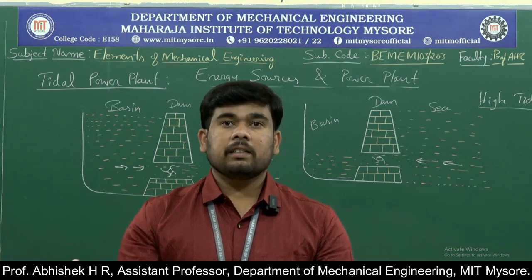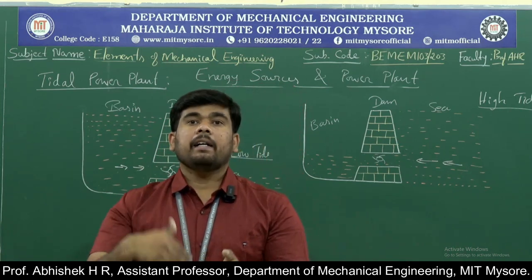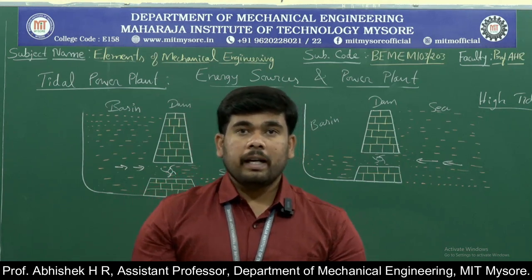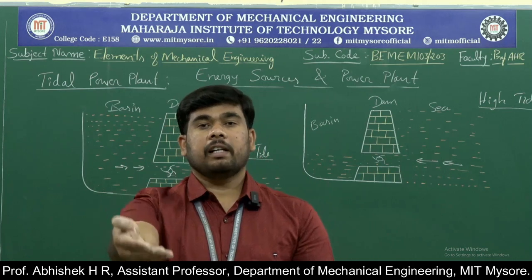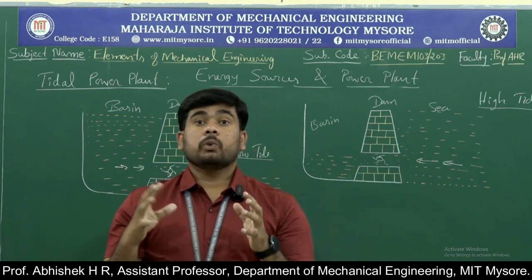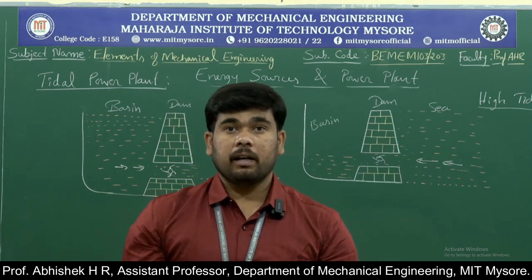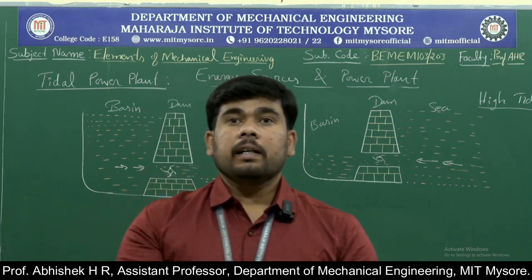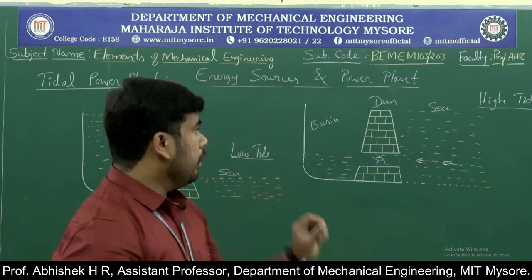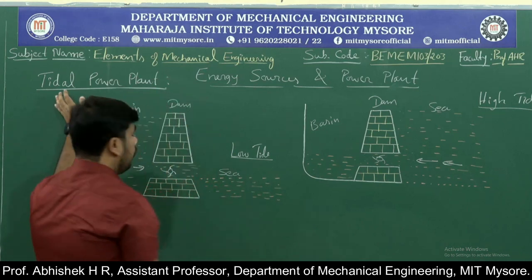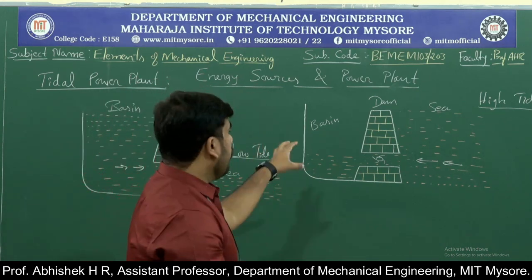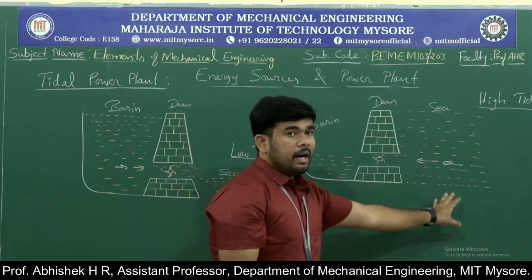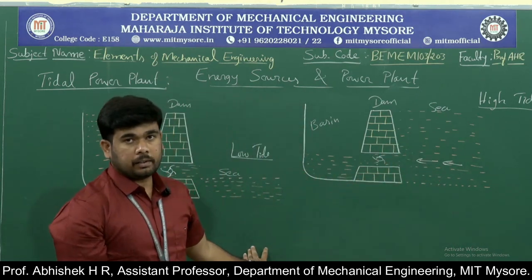In both cases, we have the turbine, and the turbine starts to rotate. It is connected to the generator through the shaft, and it will generate electricity. So this is how we can generate electricity using the tide concept. Here we need to understand the meaning of tides, how we get these tides, and what happens during the high tides and the low tides.